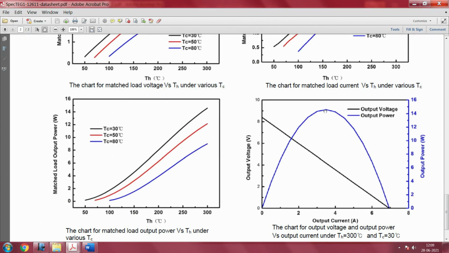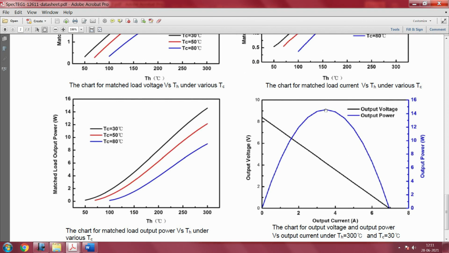Power output is maximum here, as you can see. So this is open circuit, this is short circuit. In short circuit, voltage goes to 0 and current becomes very high. Here current is 0, open circuit, you get the highest output voltage. So you must balance and get a proper output power, which is appearing at this point.